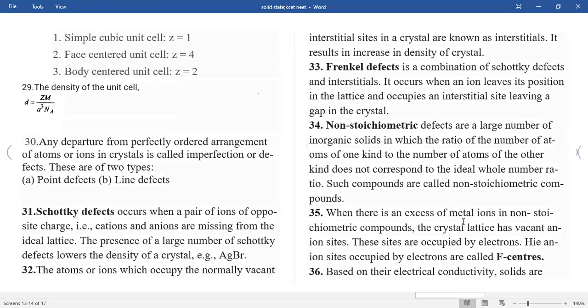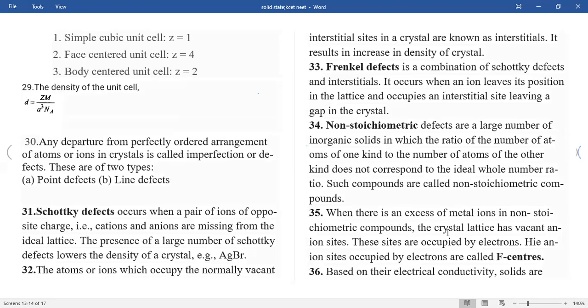When there is an excess of metal ions in a non-stoichiometric compound, the crystal lattice has a vacant anionic site. These sites are occupied by electrons. Those spaces which are occupied by the electrons are called F centers, and those F centers are responsible for the color of that compound.